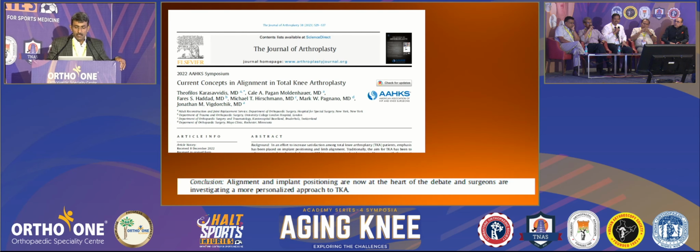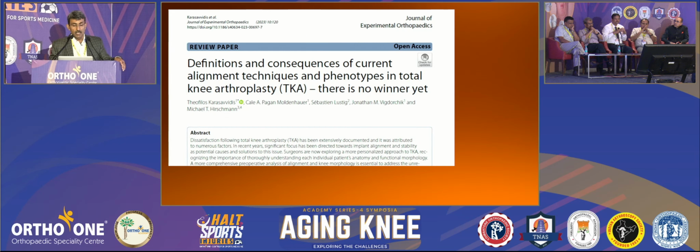Now, I'll just go through some articles quickly. This was in 2022, current concepts in alignment, again by Jonathan Vigdorchik, saying that there are more personalized approaches. This is an article from 2023: even though there are current alignment techniques, there is no clear winner yet.